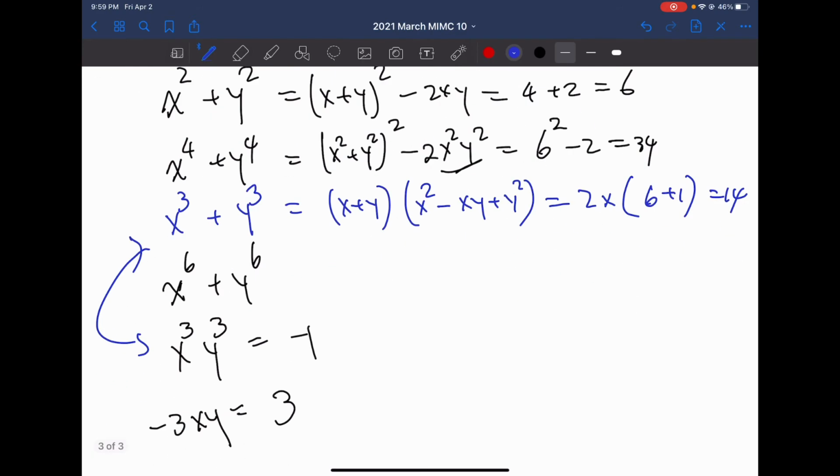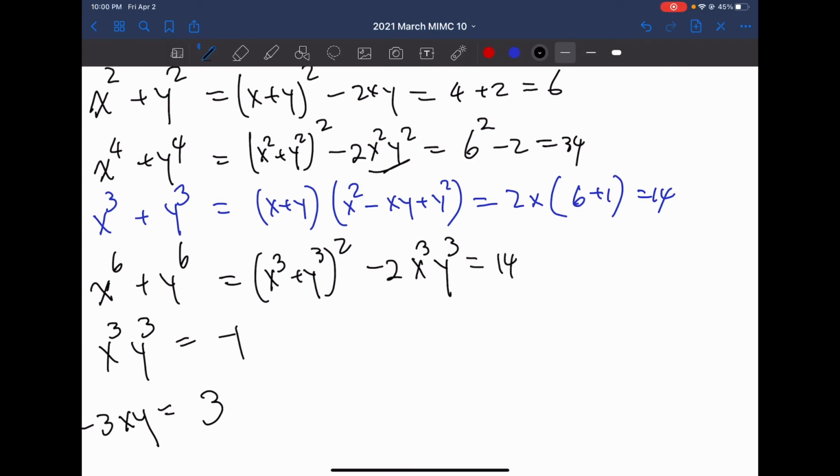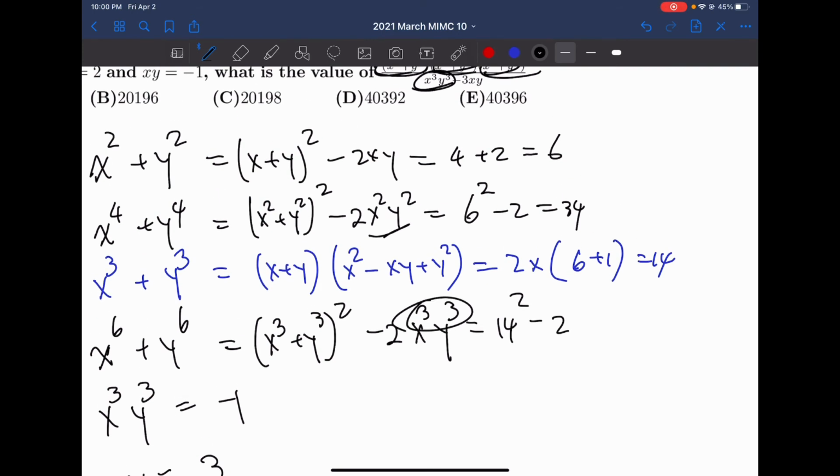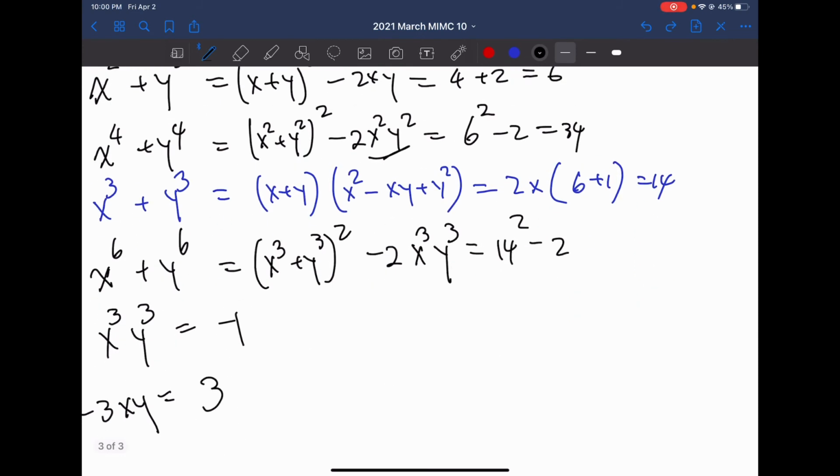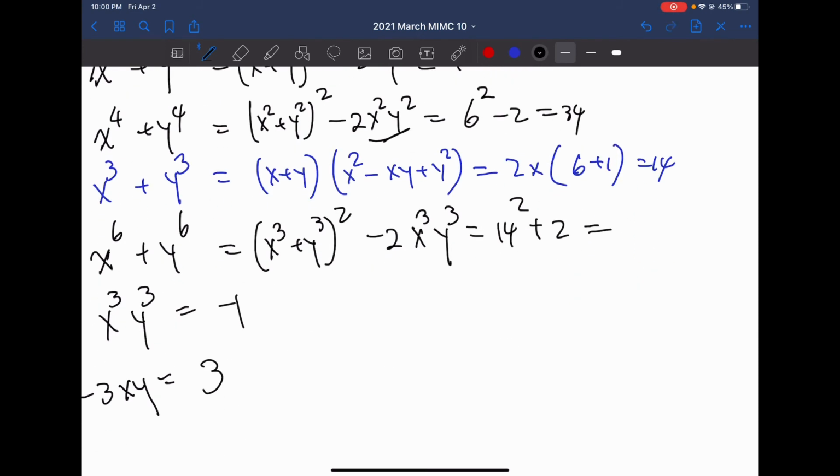And x sixth plus y sixth would simply be x cubed plus y cubed squared minus 2xy cubed. Or this also can be written as 2x cubed y cubed. That is the original format, as a is equal to x cubed. And that would equal 14 squared minus 2 times, that is -1, because 3 is an odd power. So that's plus 2, and that is 196 plus 2, or 198.